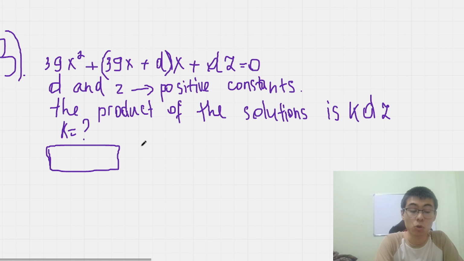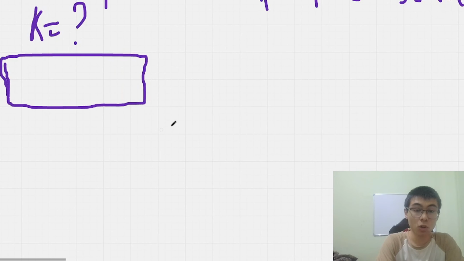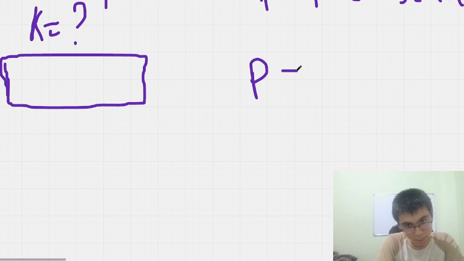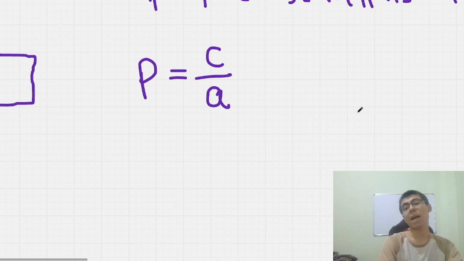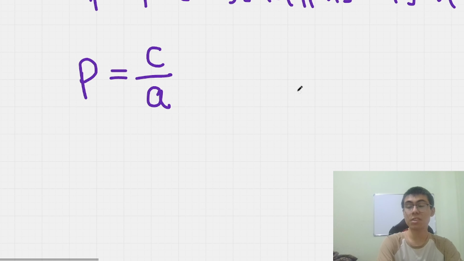Okay, so you need to understand product and sum of these solutions, and there is a formula that you must know. So for the product of the solutions, what you need is C divided by A. And the SAT sometimes asks you for the sum of the solutions as well.